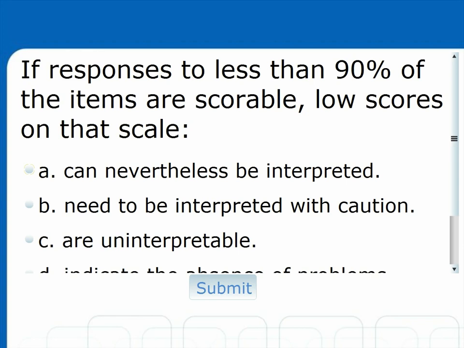So for that reason, when we have a response rate of 90% or lower, we're not able to interpret low scores on the MMPI-2-RF scales. Those are uninterpretable. If, however, there was an elevation, we still could interpret that high score, although it may to some extent underestimate the individual's problems.